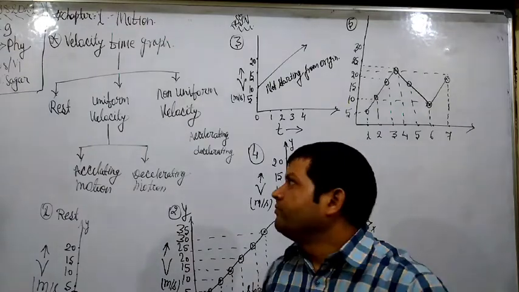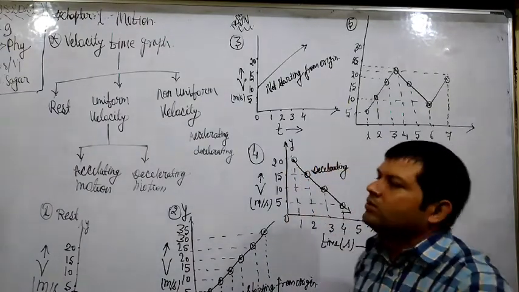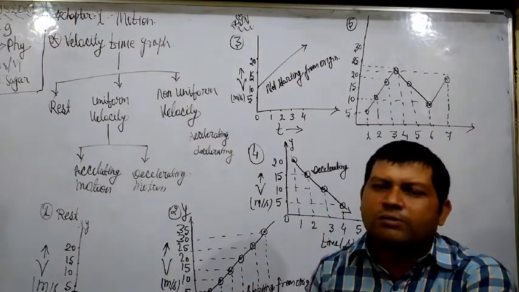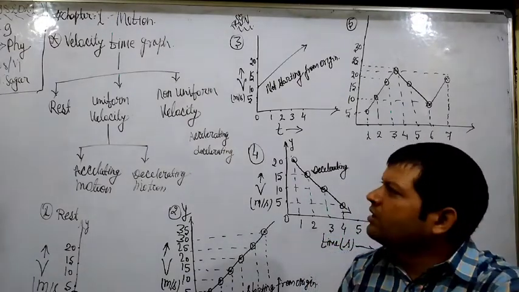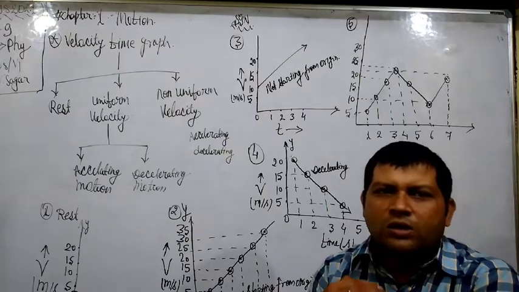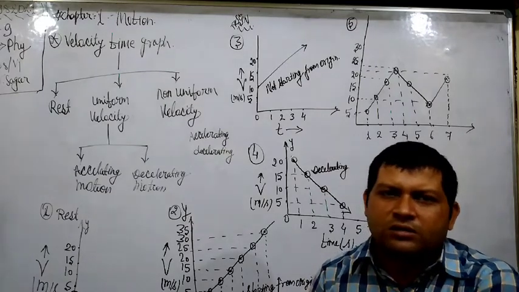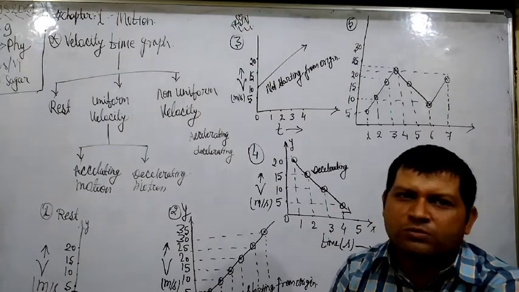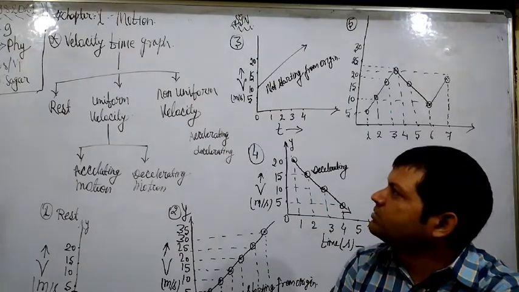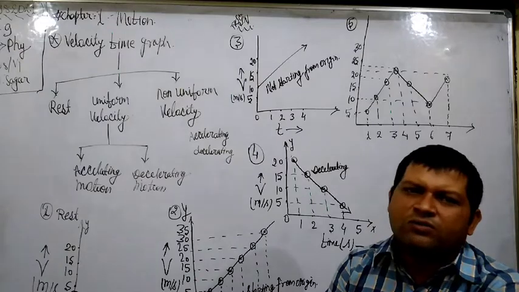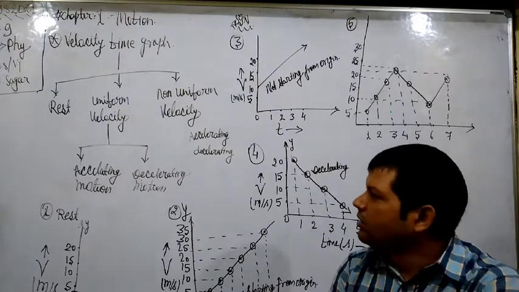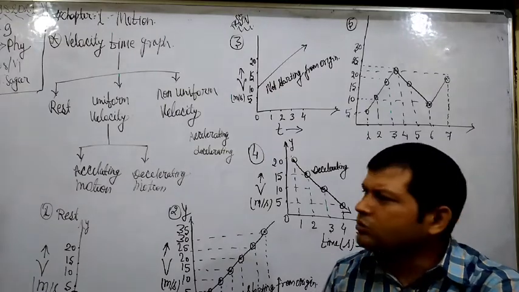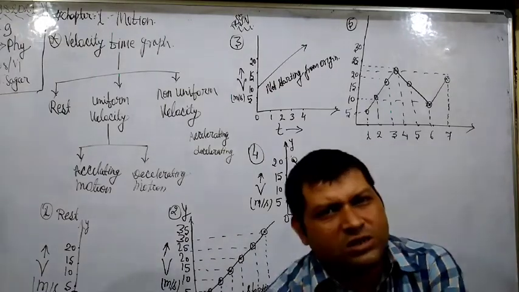Look here, we can draw the velocity time graph when the object is in the state of rest, when the object is in the state of uniform velocity, and when the object is in the state of non-uniform velocity. When it is non-uniform velocity, there are two conditions.